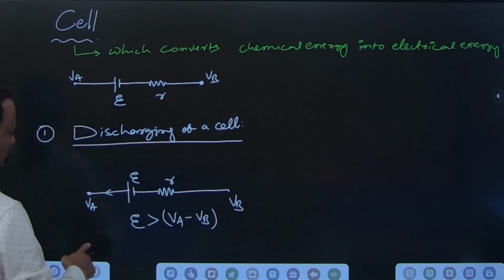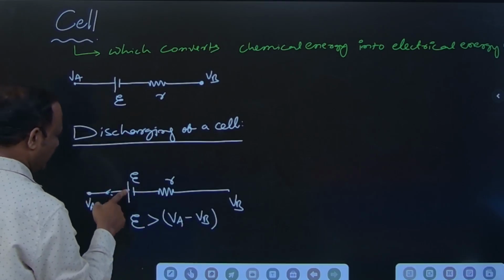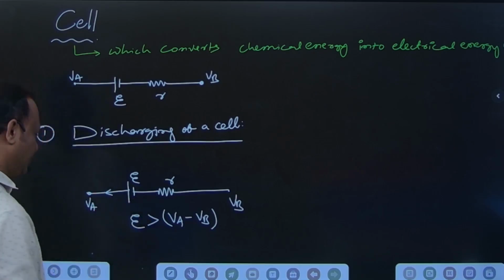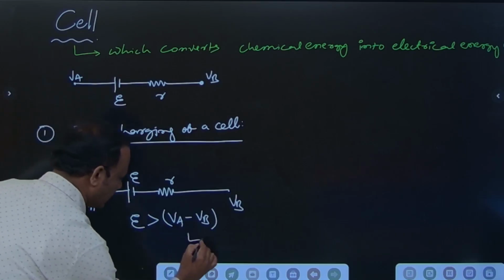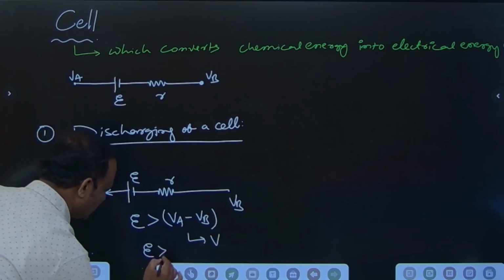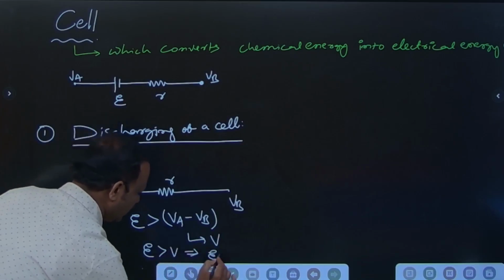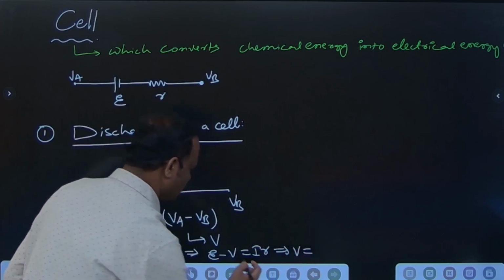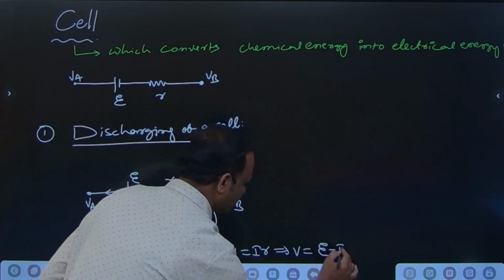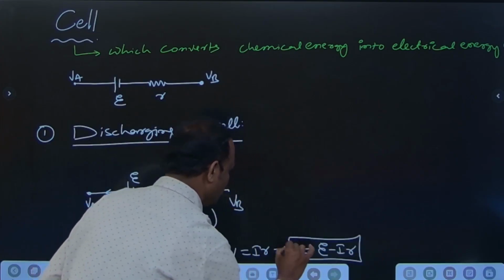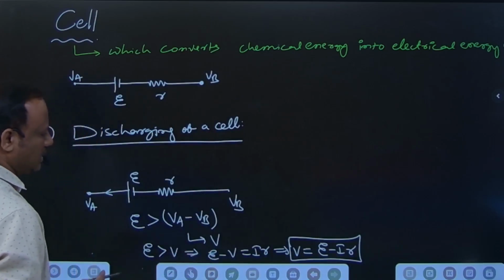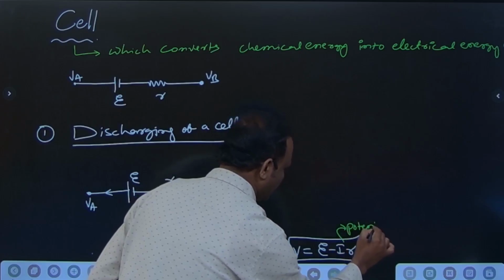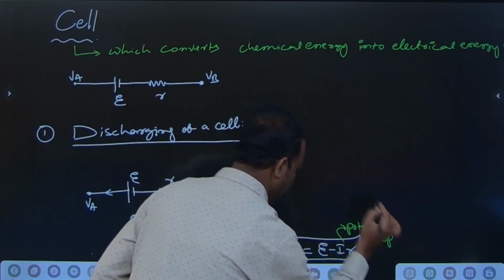The EMF of the cell is greater than the terminal potential difference, which I'm taking as V. So E minus V is equal to IR, which means V is equal to E minus IR. This is called the potential drop.